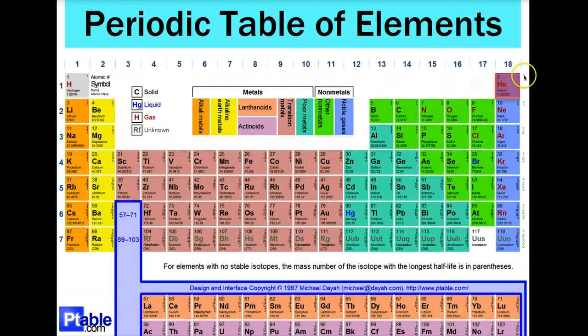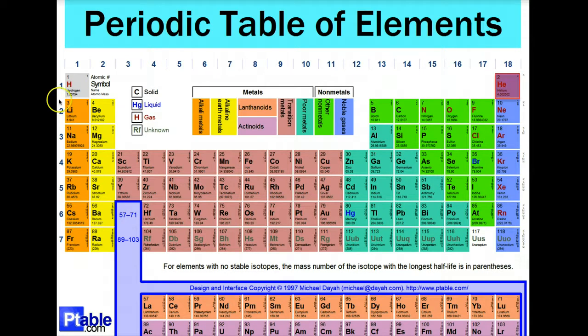But for the first electron shell, and only the first electron shell, the maximum number that it can hold is 2 electrons. So helium is sitting over here in this last column, this last group with these other elements, because its electron shell is filled with only 2.